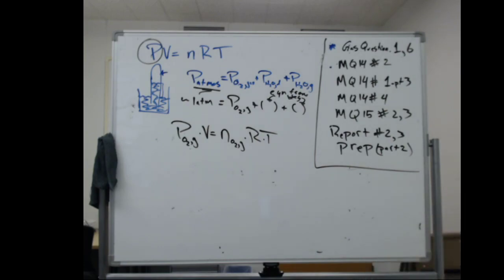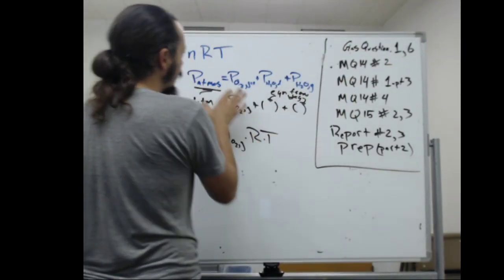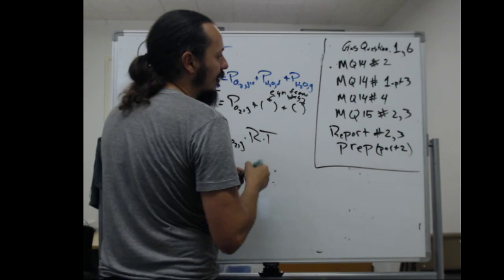Cool, okay. So both of those problems really are getting at how much gas is produced and how we can measure how much gas is produced. And question 2 from Mastery Question Set 14 kind of continues with that idea and actually has us do a full ideal gas law calculation.